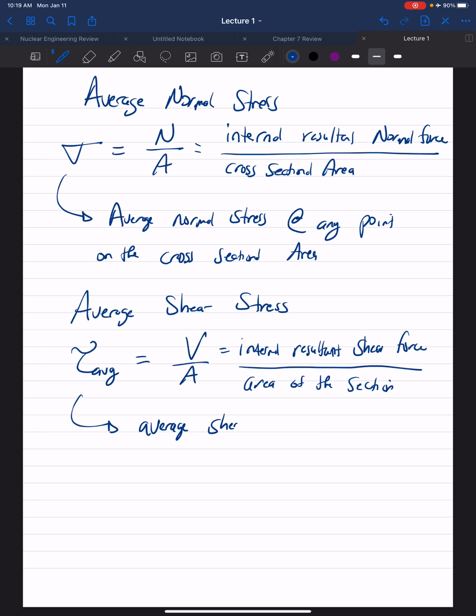This is the average shear stress at the section, which is assumed to be the same at each point on this section.